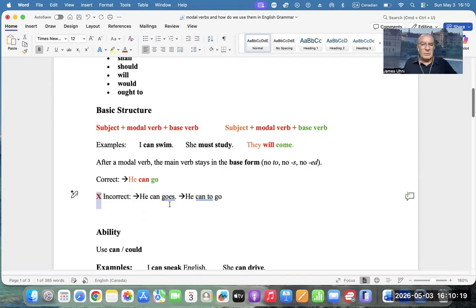Wow. What's wrong? There is absolutely no goes. It says over here, no S. He can to go. What is that? No to. It's over here. So that means these are mistakes.